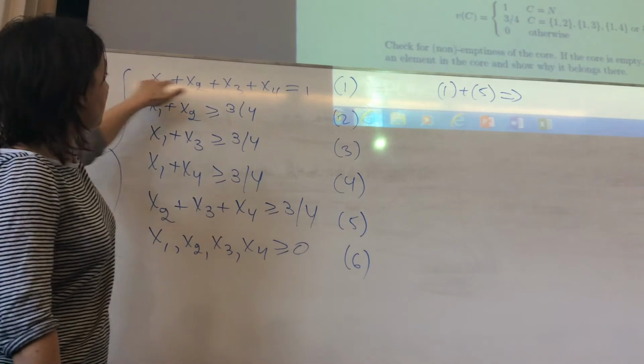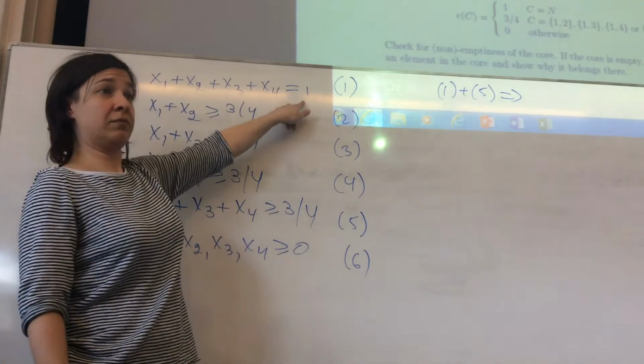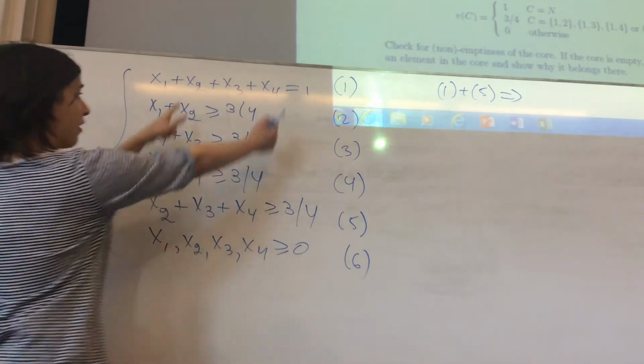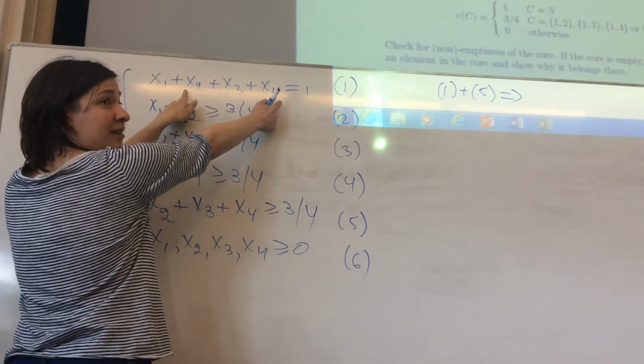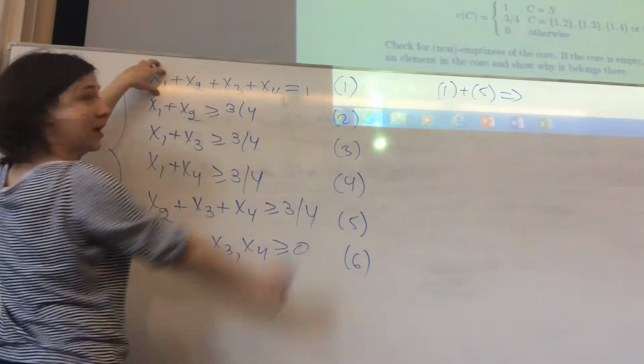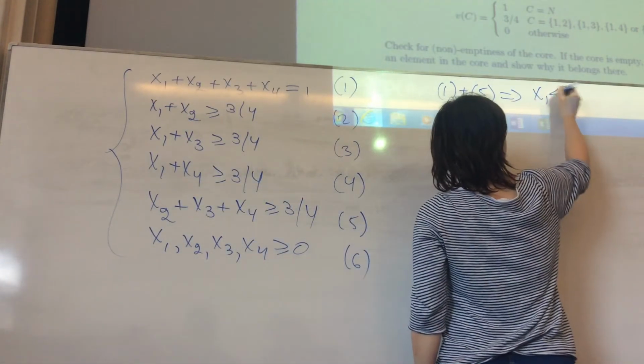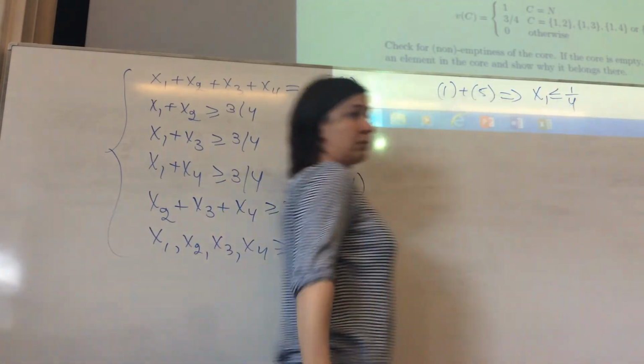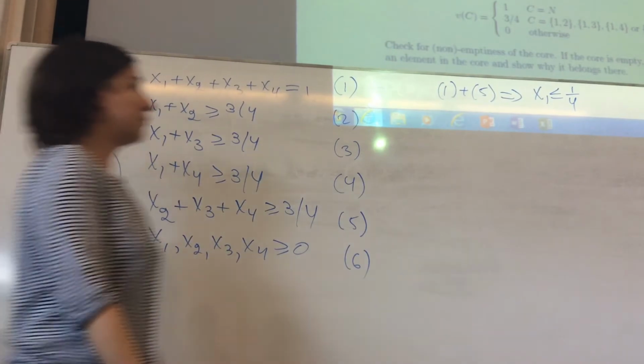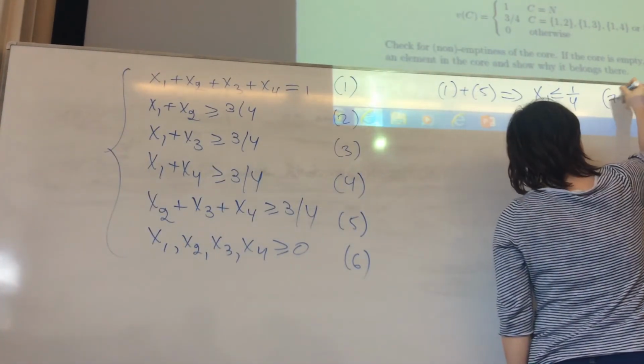So from here we know that the sum of all is 1, and from here we know that these 3 give at least 3/4. That means that what is left for this one is at most 1/4. Let me call this 7.